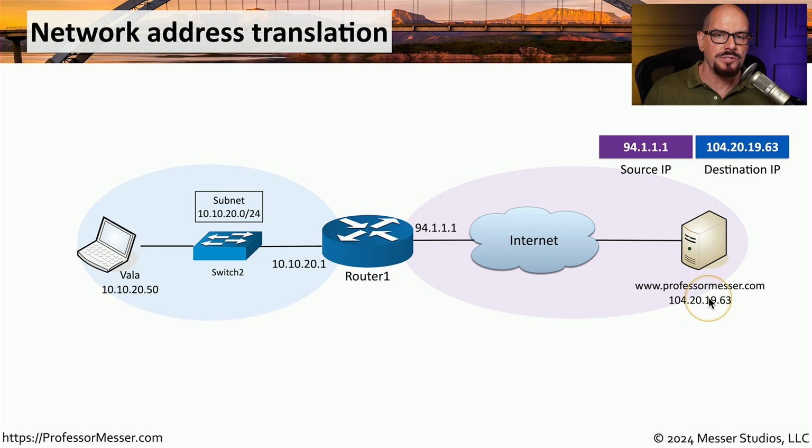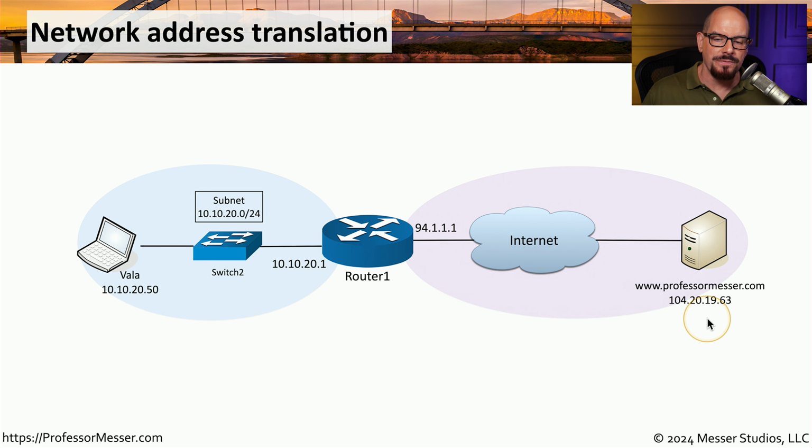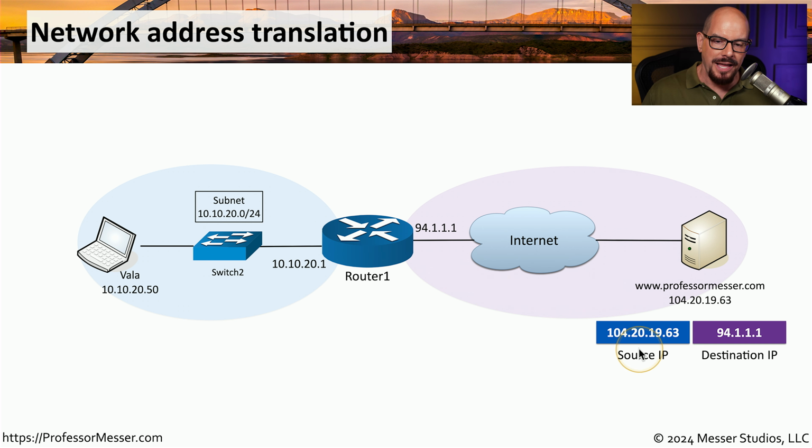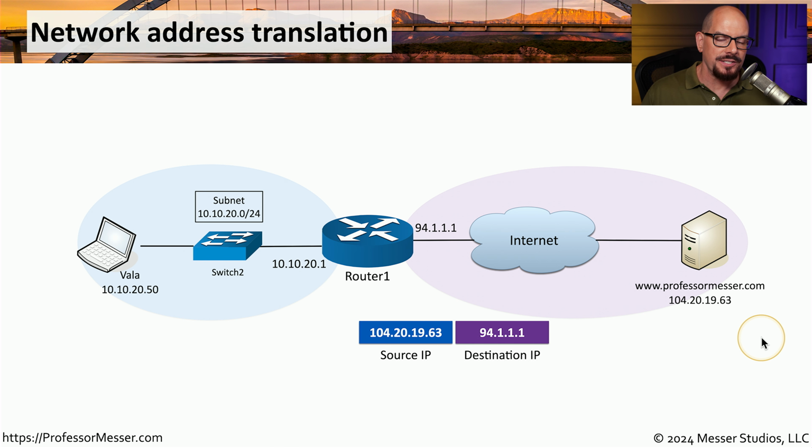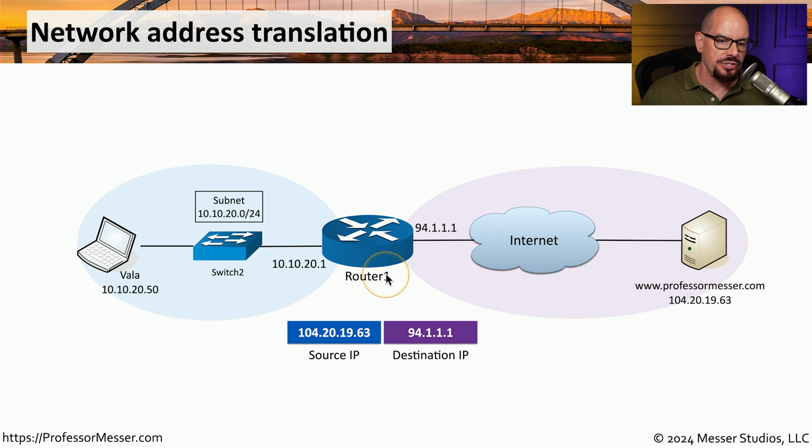For this web server to communicate back to Vala, it's obviously not going to communicate back to the internal 10.10.20 address. Instead, it's going to reverse those IP addresses, and the source IP address now becomes 104.20.19.63, and the destination IP address is the 94.1.1.1 that was originally assigned by the network address translation router.